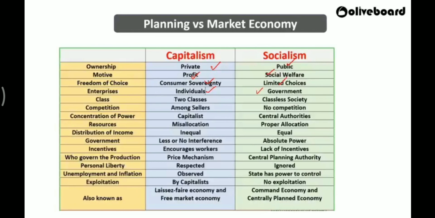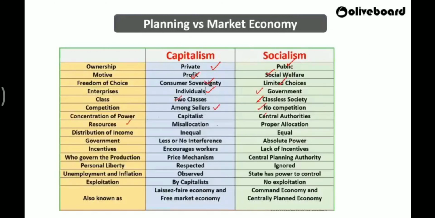Classes: there will always be two classes, haves and have nots. They try to do for a classless society. Competition is there among sellers. Under socialism, there is no competition because everything is owned by the government. Concentration of power is with the capitalist, that is private owners, private entrepreneurs. Here it is central authorities.